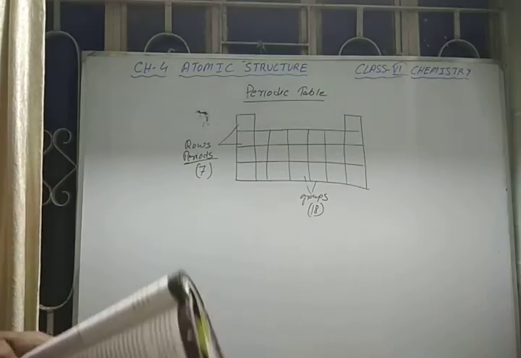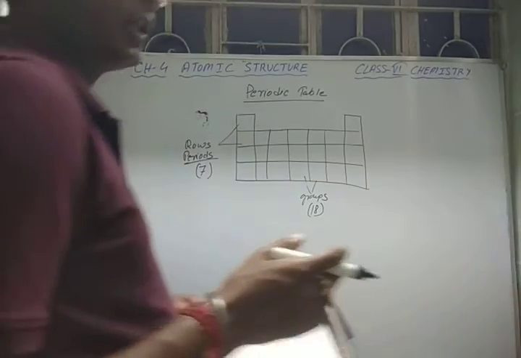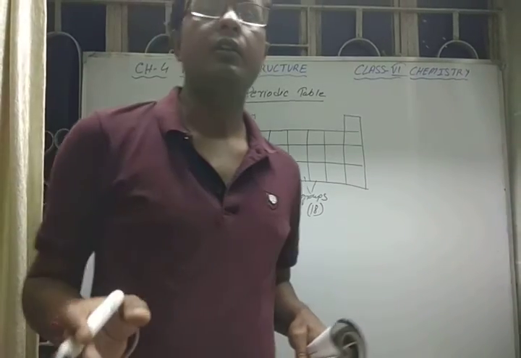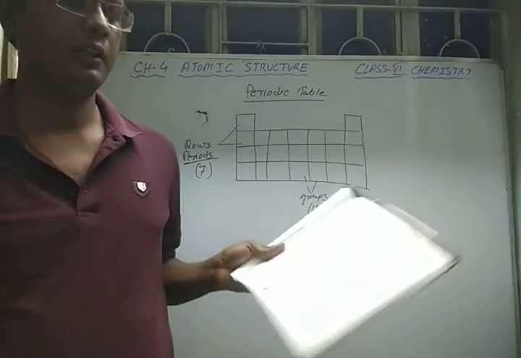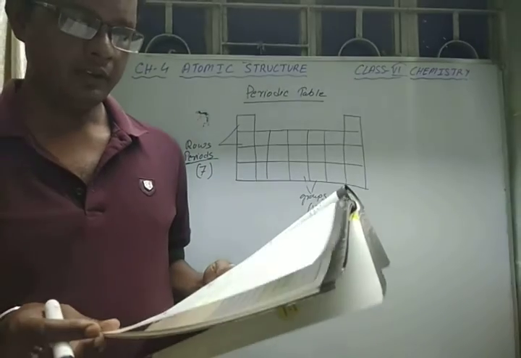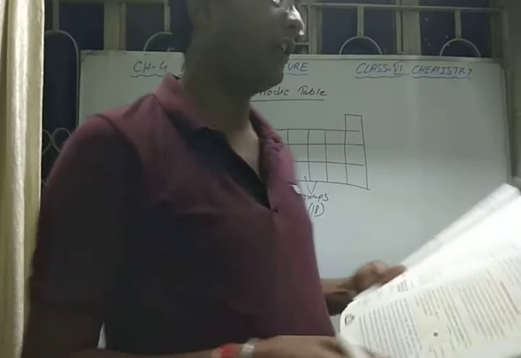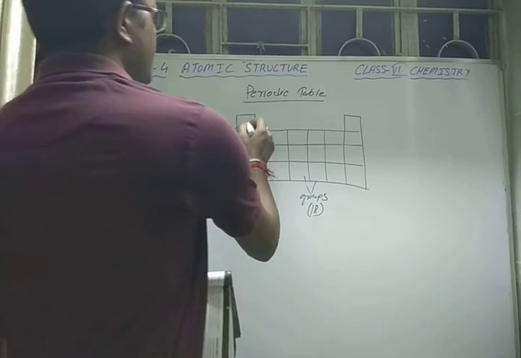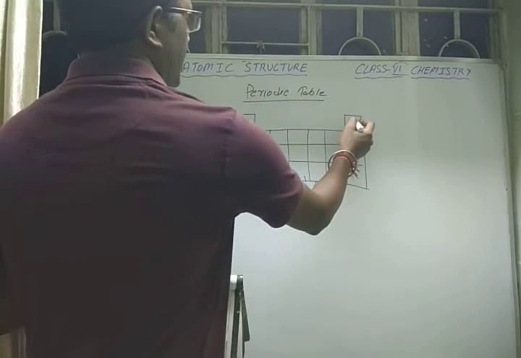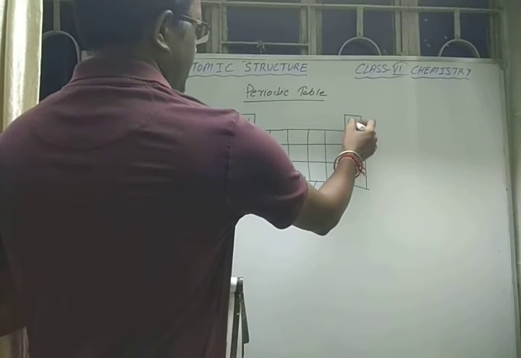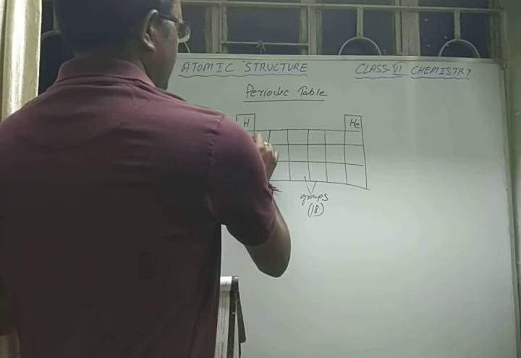All the 118 elements which are known to us today are arranged in this periodic table. You just have to write the symbol in the periodic table. Suppose in the first group, first period, it is hydrogen. In the 18th group, first period, it is helium, then lithium.